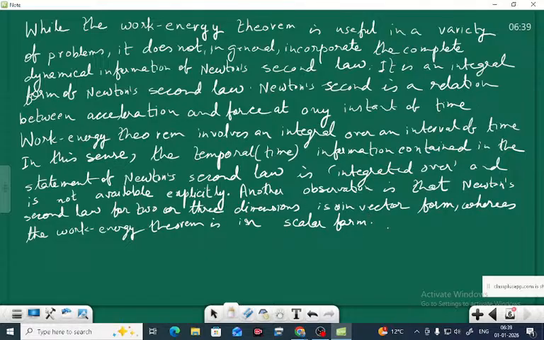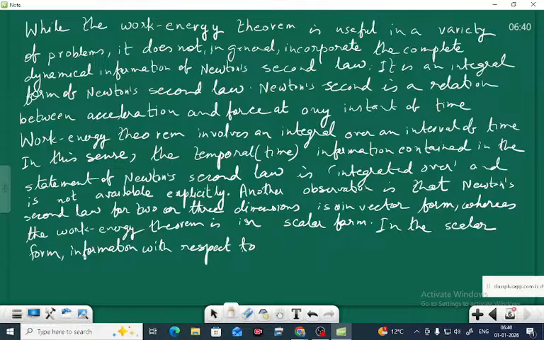In the scalar form, information with respect to directions contained in Newton's second law is not present.